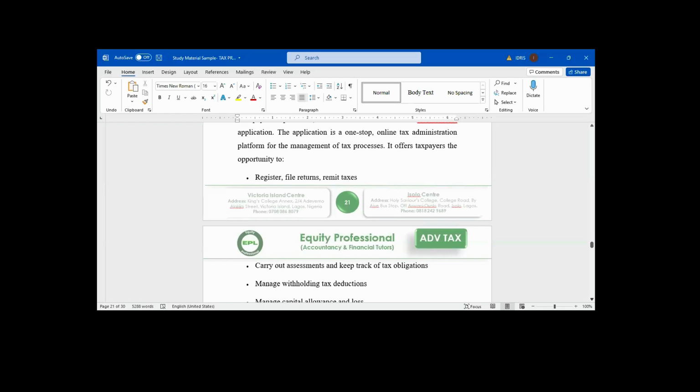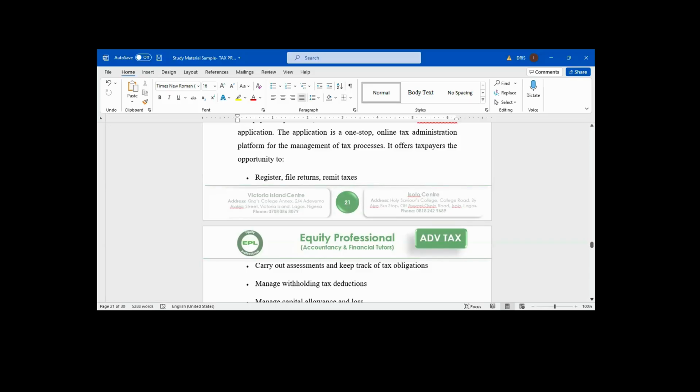Another one, carry out assessments and keep tracking of tax obligations. It helps to carry out tax assessment. Tax Promax will be the one to compute the taxpayer's assessment automatically. Managing withholding tax deductions too. Tax Promax helps to manage taxpayer withholding tax deduction.